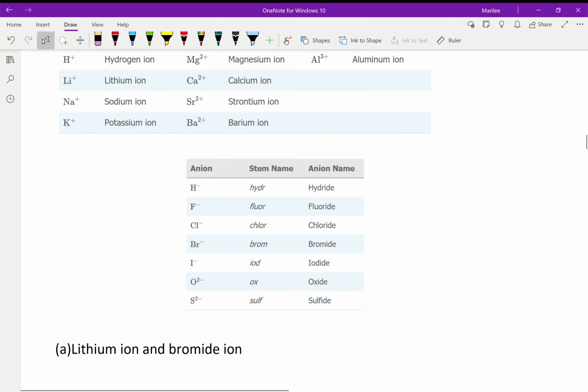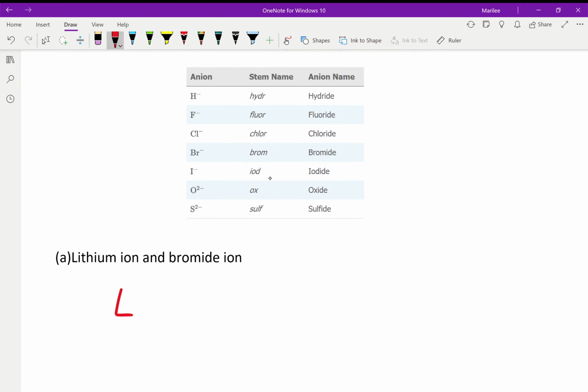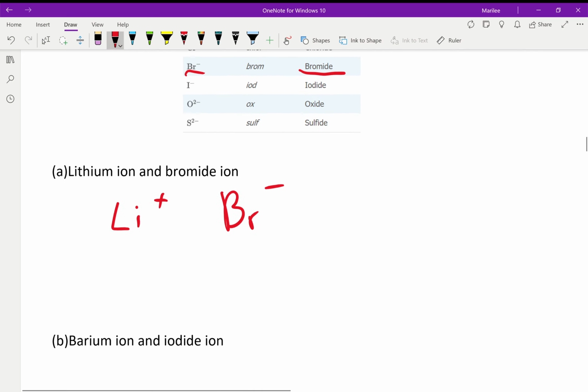So lithium ion is Li+, and the bromide ion here is Br-. So we have one positive charge, one negative charge. Therefore, we will have LiBr.